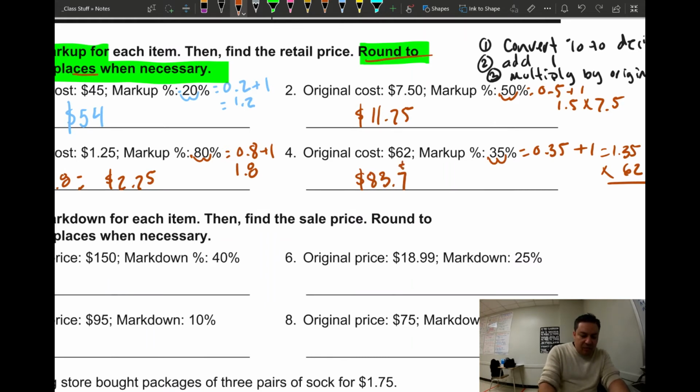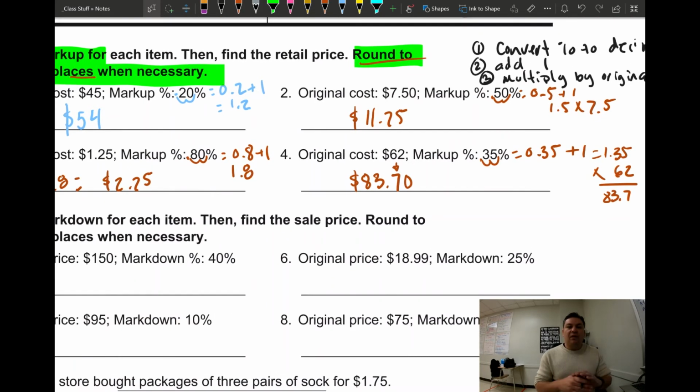I only have 1 place, so all you gotta do is add a 0. You get 83.70, so it's 70 cents. Not 7 cents, 70 cents. That's it for the markups. Again, if you needed to find how much did it change, all you had to do was subtract this and this, and you'll get whatever the difference is.